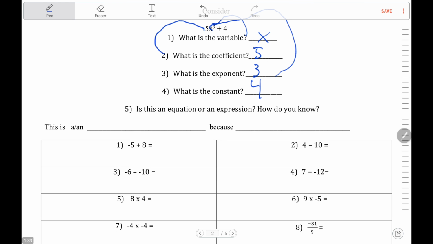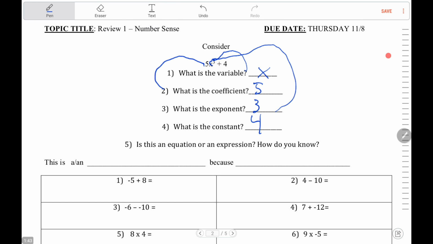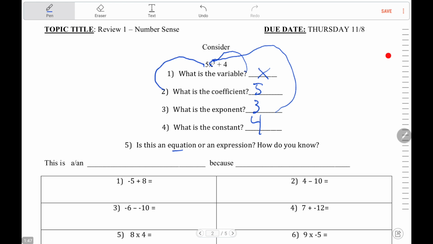Then, is this an equation or an expression? How do you know? Well, think of these. This is what you need to look at if you want to know whether something is an equation. The first 3 letters, they're the same as equals. So I don't see an equal sign there, right? It's just 5x to the third plus 4. So there's no equal sign.